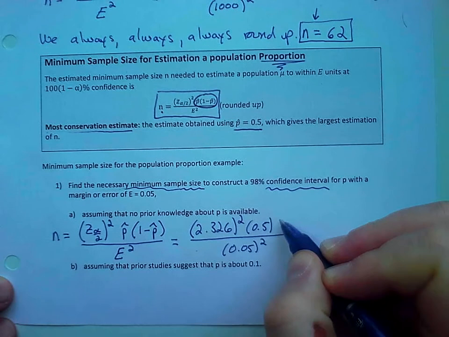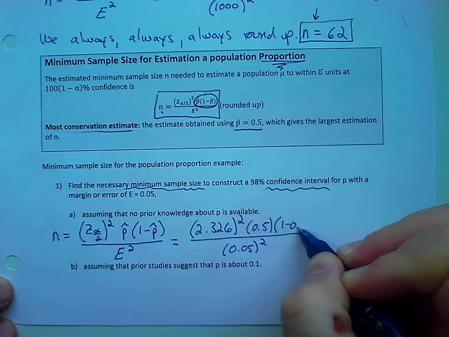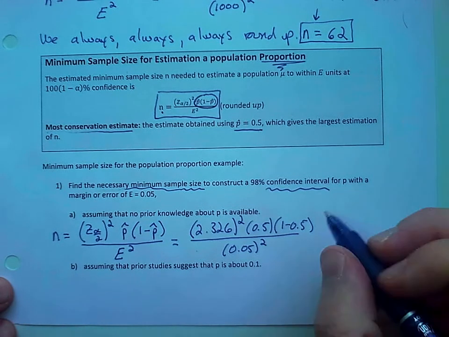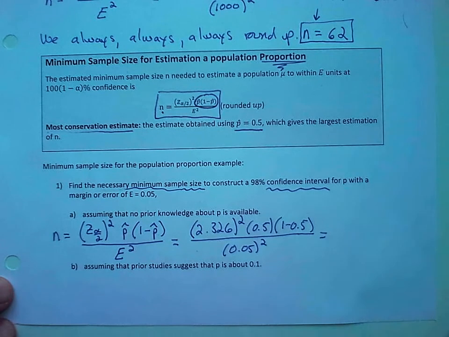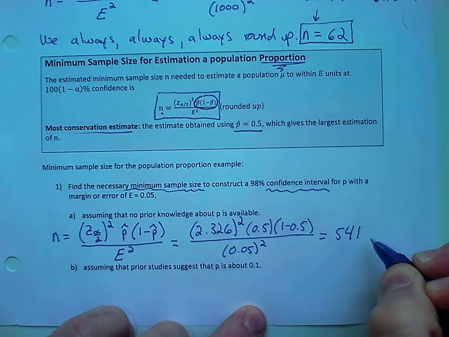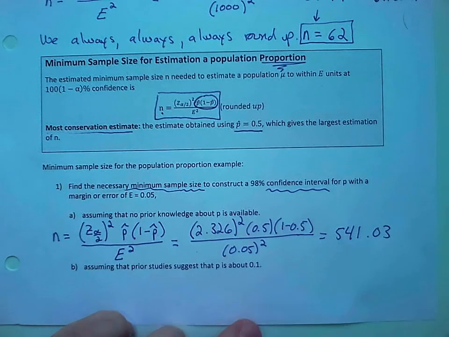So I'm going to plug in 0.5 and 1 minus 0.5 for p hat in these two spots right here. And if you do this arithmetic, it's going to come out to 541.03.